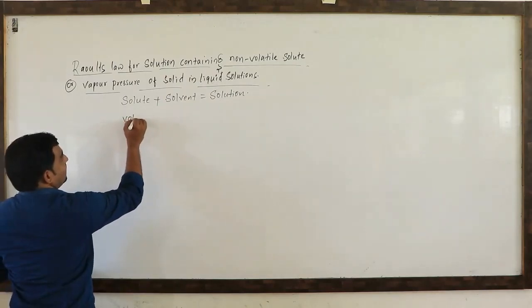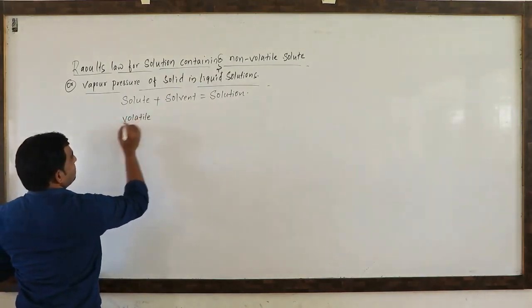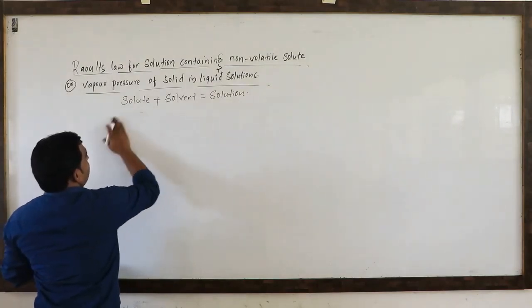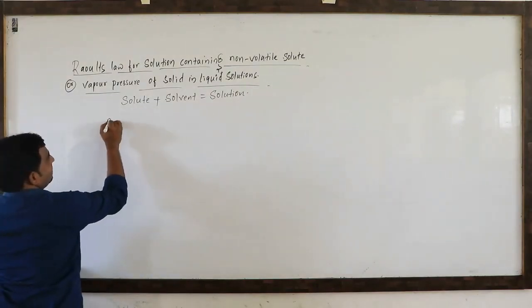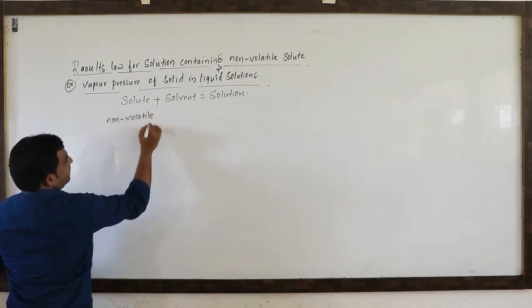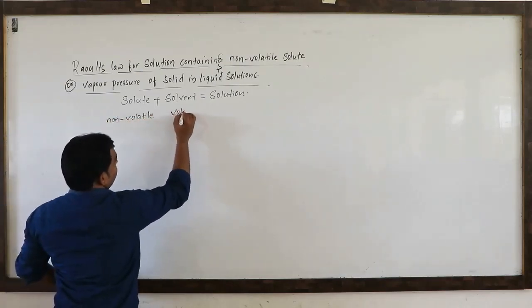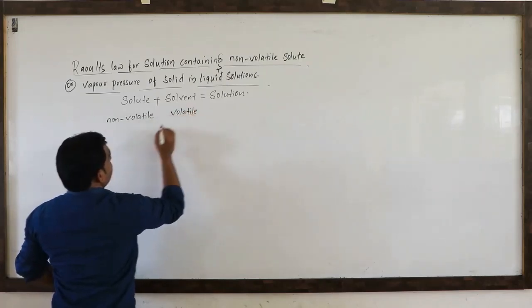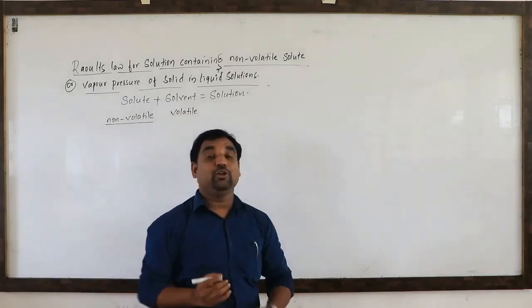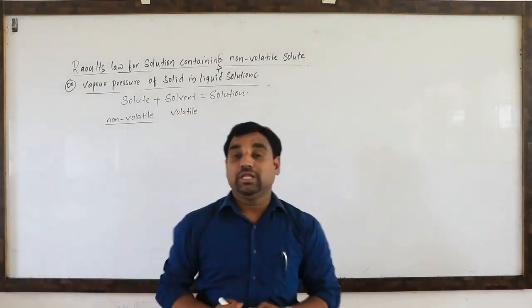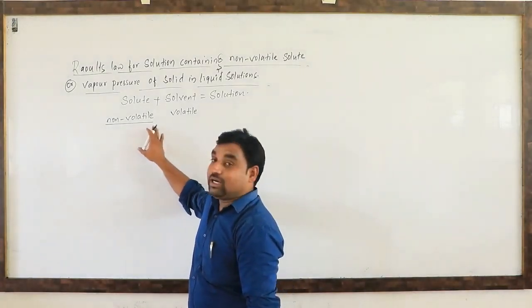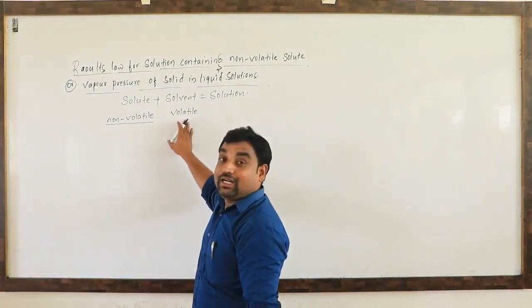Sorry, this is non-volatile. Non-volatile solute means the solid will not evaporate, or the solute will not form vapor molecules. That is a non-volatile solute added to the volatile liquid.